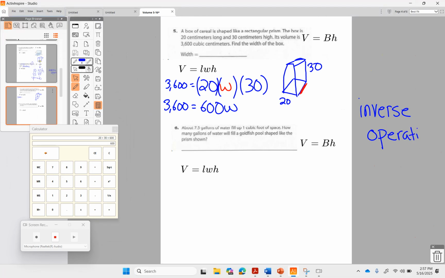And then I need to be able to say the opposite of multiplication is division. So I want to undo my multiplication with division.